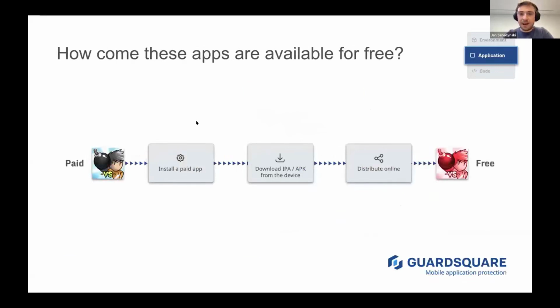So how does it happen? Firstly, an attacker pays for an application, let's say in the App Store, and installs it on their device. Then they dump the IPA or APK from the device to the computer. Once they have the IPA or APK file, they distribute it online.